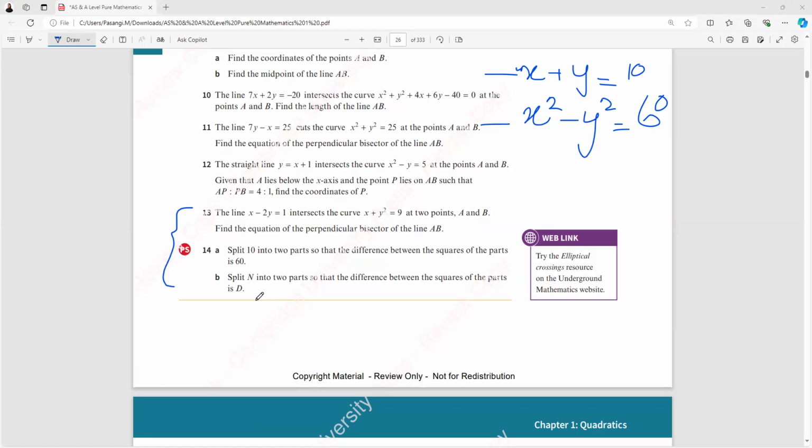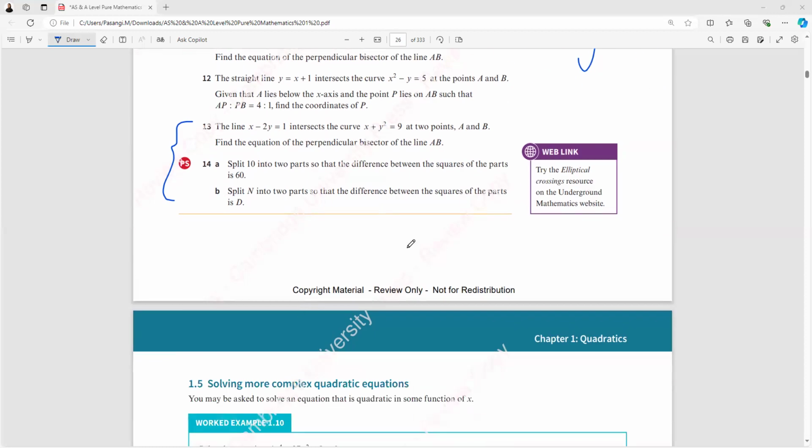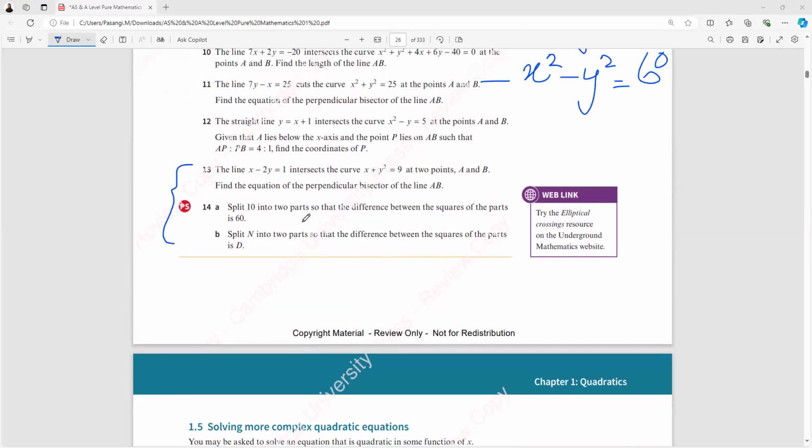Split n into two parts so that the difference between the squares of the parts is d. That means here we can't have a proper value actually.